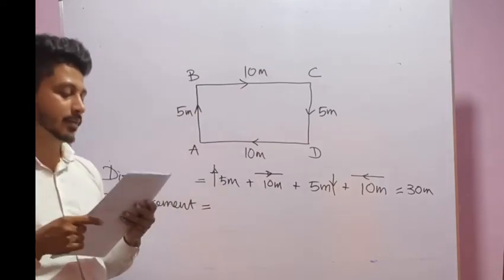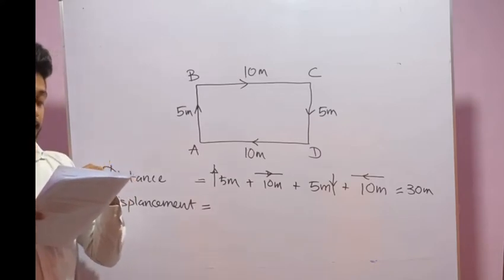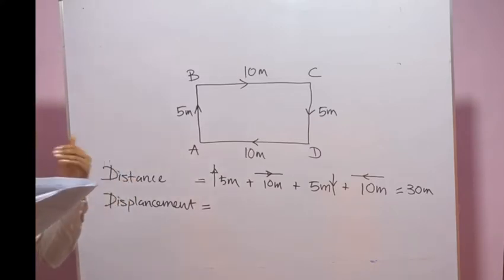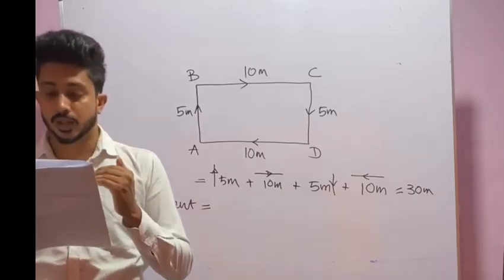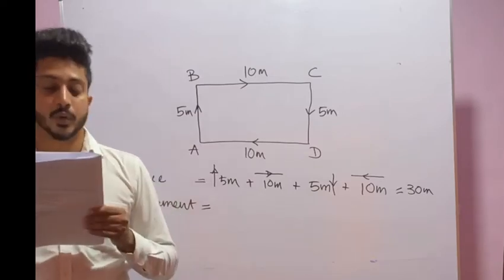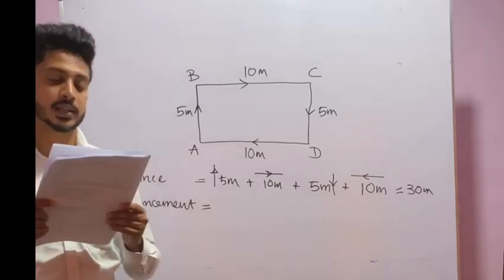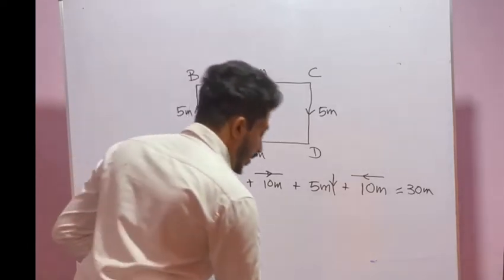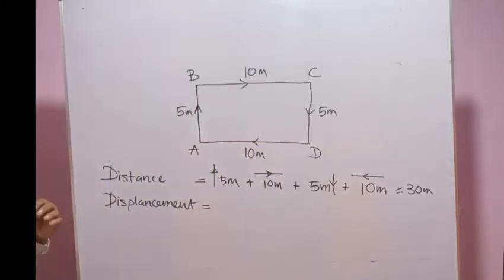In the tute it is given. Furthermore, displacement can be identified as a change of position that occurs from one point to another point in a particular direction.